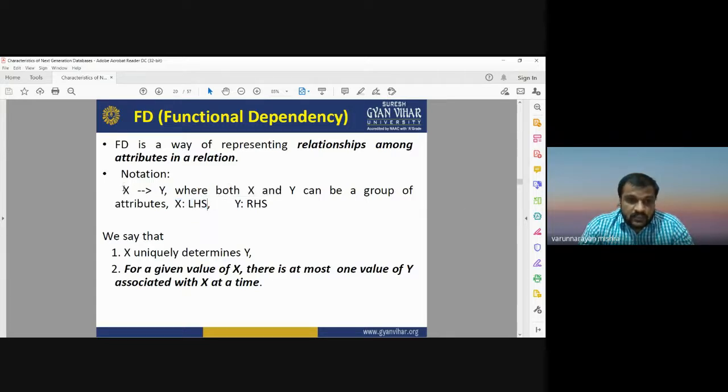The relationship among the attributes of these two groups is represented by this symbol. We can say that X uniquely determines Y: for a given value of X, there is at most one value of Y associated with it.